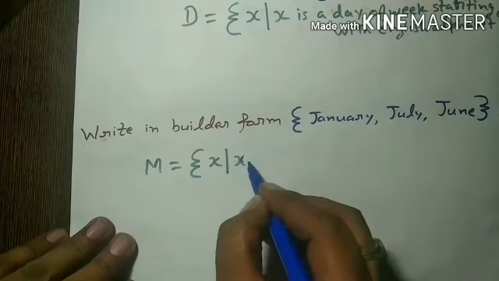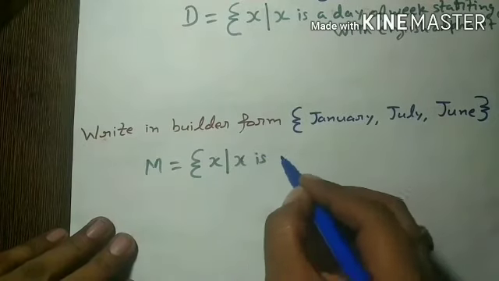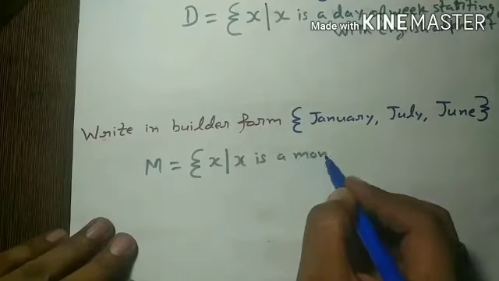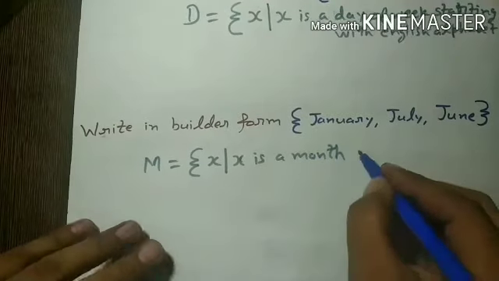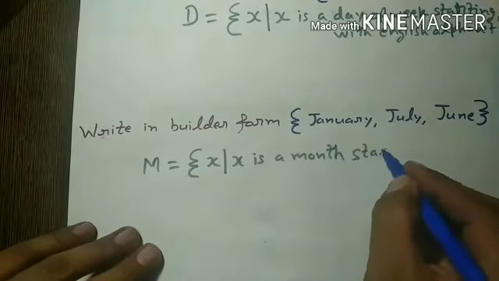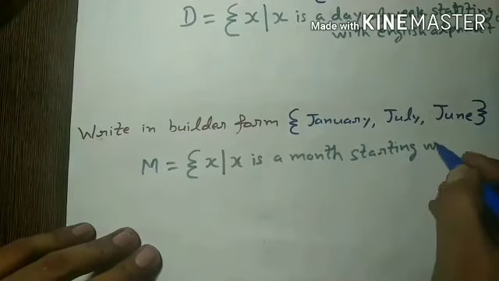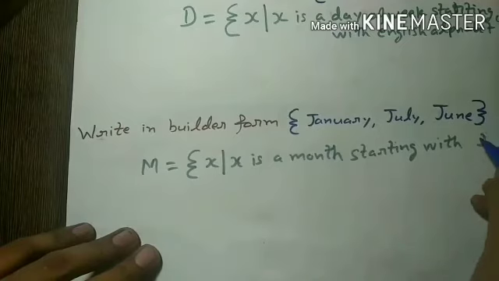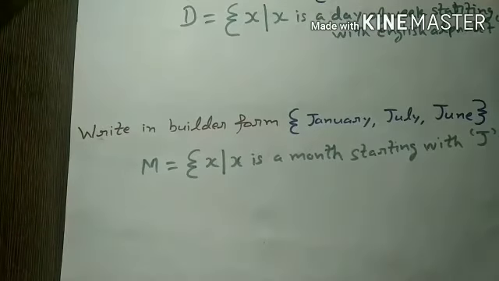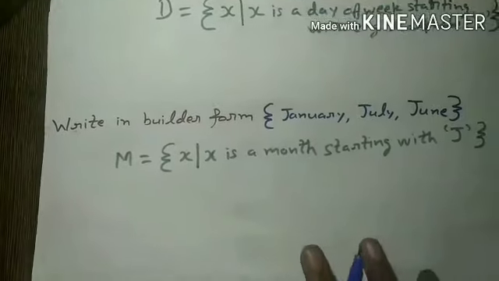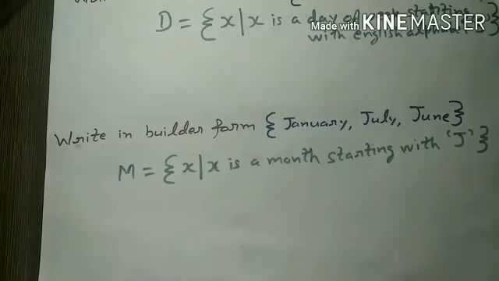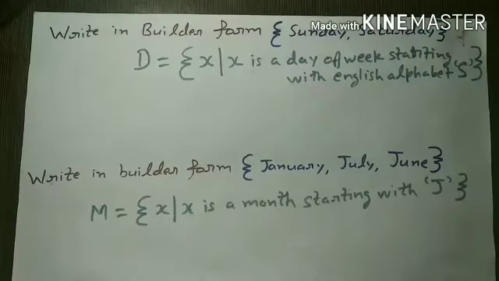It means x such that x is a month starting with J. Okay, so this form is called the builder form, and how we have to write it, we have shown here.